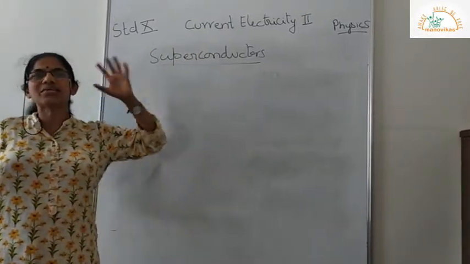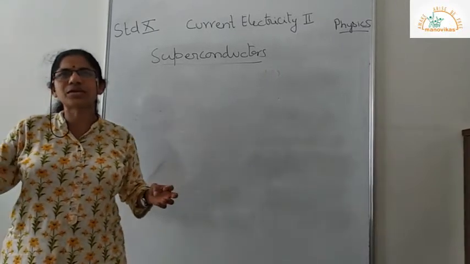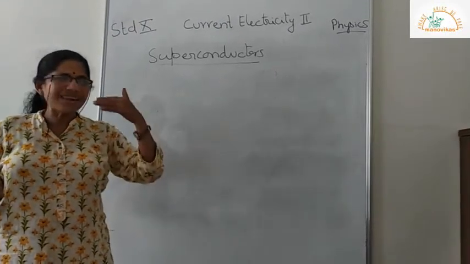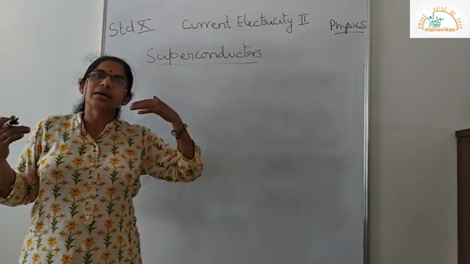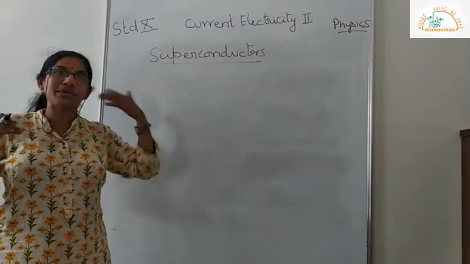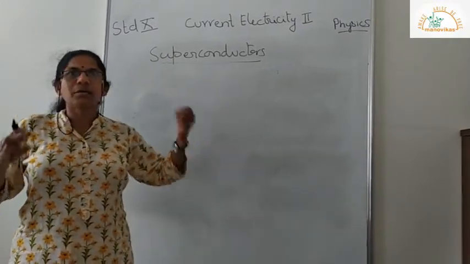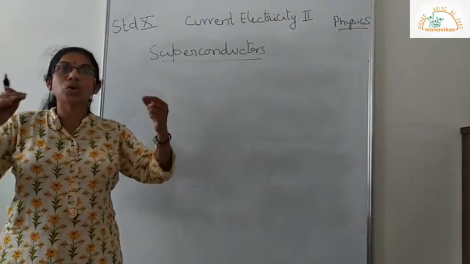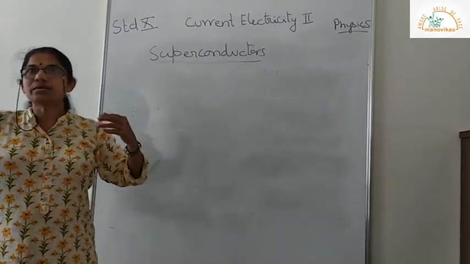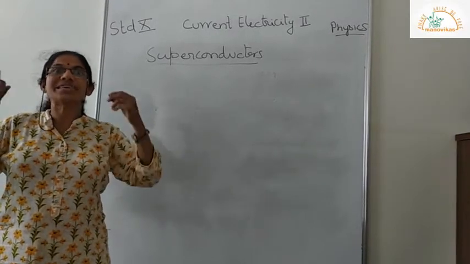Now in fact, it is very difficult. There are certain substances like mercury and niobium that behave like superconductors at certain very low temperatures. But under current conditions, attaining that low temperature is very difficult.